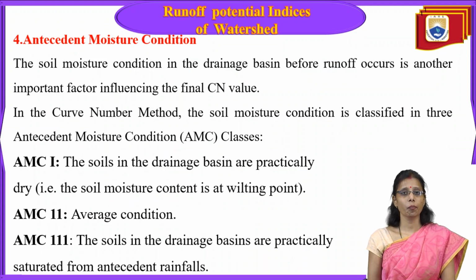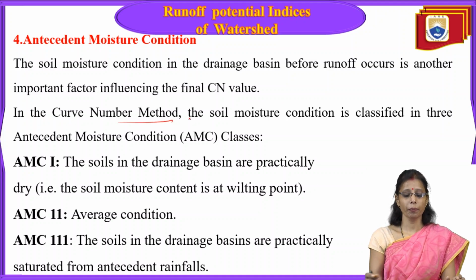Now antecedent moisture conditions. What is antecedent moisture condition here? The soil moisture condition in the drainage basin before runoff occurs is another important factor which will influence the final CN value. In the curve number method, the soil moisture condition is classified into three antecedent moisture conditions.